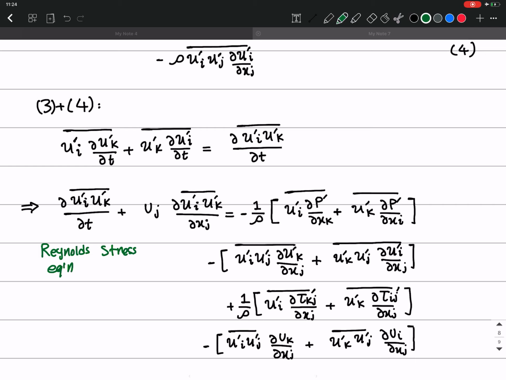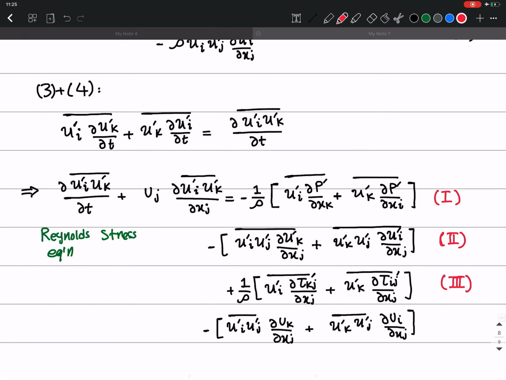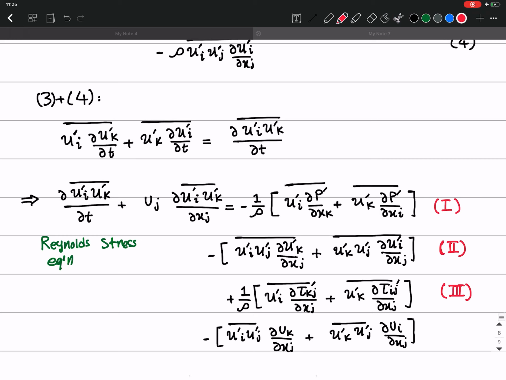So now in the next session, I'm going to simplify and further clarify what all these terms mean. So I'm going to name these. The first term on the right hand side is 1, which is related to pressure. Second term, third term, which is related to dissipation, as you see, from tau kj, which is the viscosity.